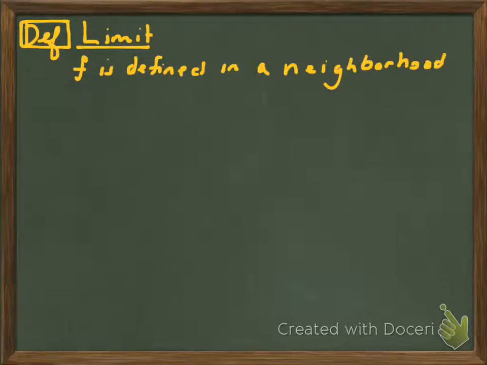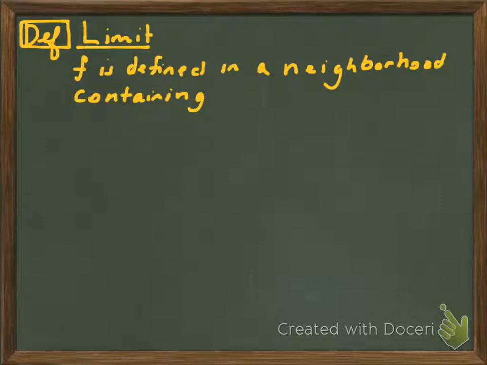The function is defined in some neighborhood, and your book says of C, but I'm going to say containing C. And we don't normally use the word neighborhood. It's not a very mathy word, not by textbook standards, but you will hear a lot of professors use such language. Neighborhood meaning in the area. What do we normally call an area of a function?